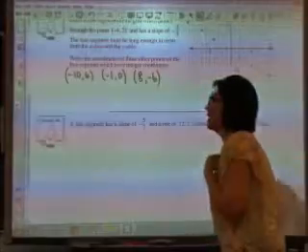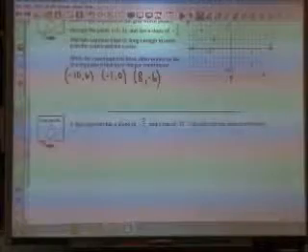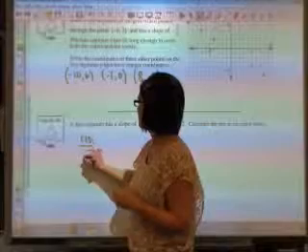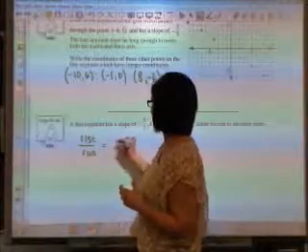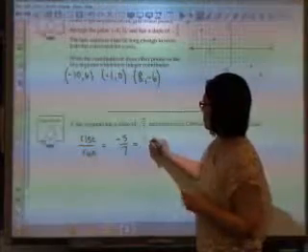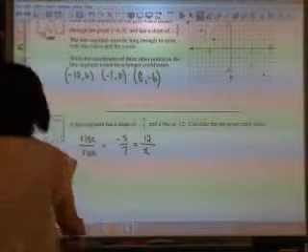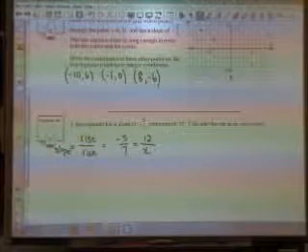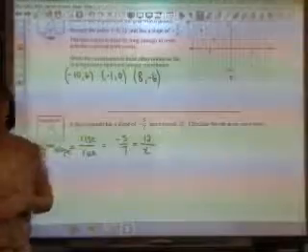Okay. And class example number 4 gives you the slope and the rise and asks you to calculate the run. So we need to remember that slope equals rise over run. So if the slope equals -5 over 7 and the rise equals 12, my slope is -5/7, and my rise is 12 over x for my run.